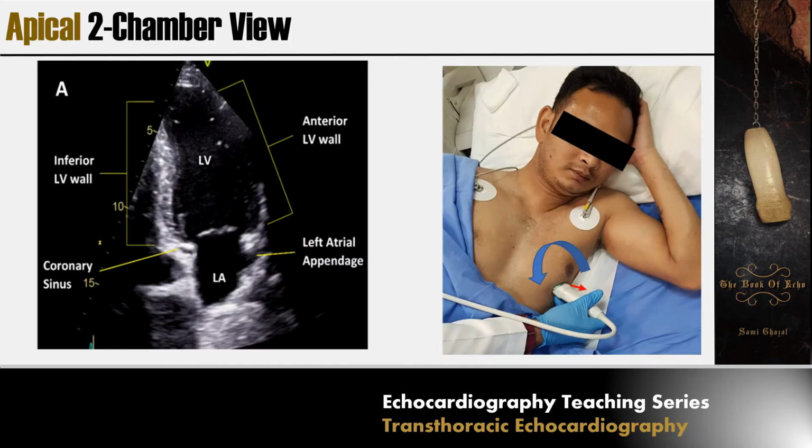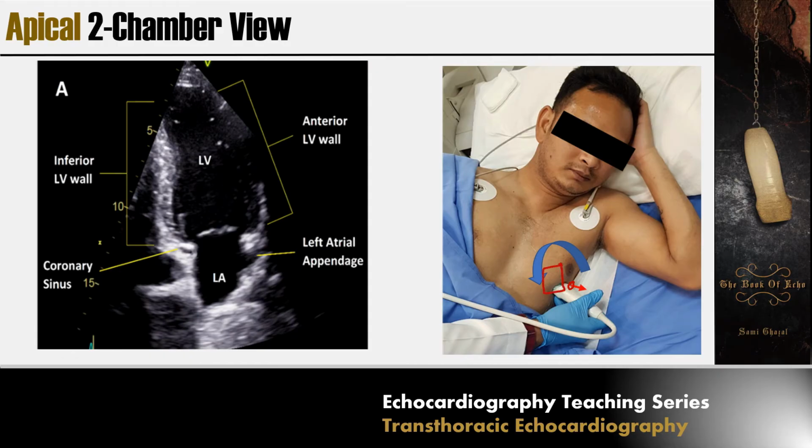In order to get the apical 2-chamber view, from the apical 4-chamber view, we have to rotate the probe counterclockwise by 90 degrees. So instead of having the index mark pointing toward the patient's mid-axillary line, now this is the probe here.